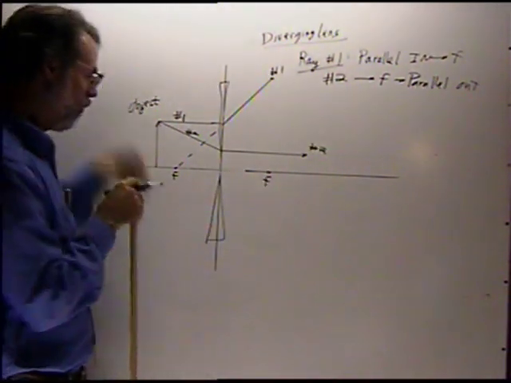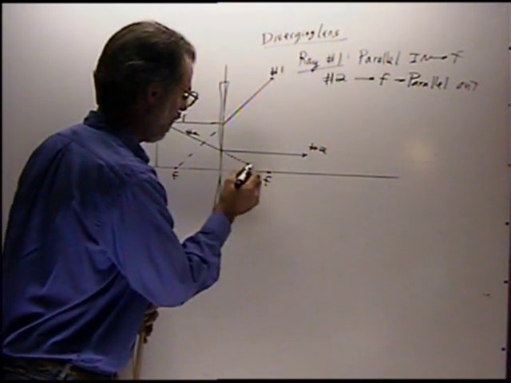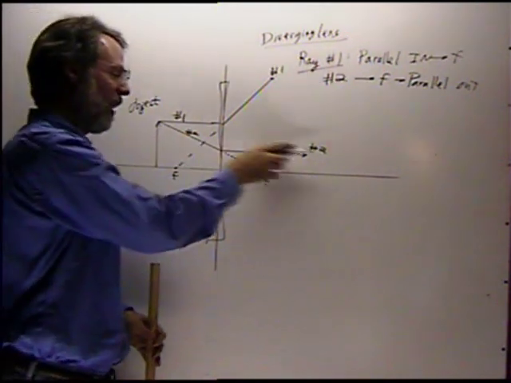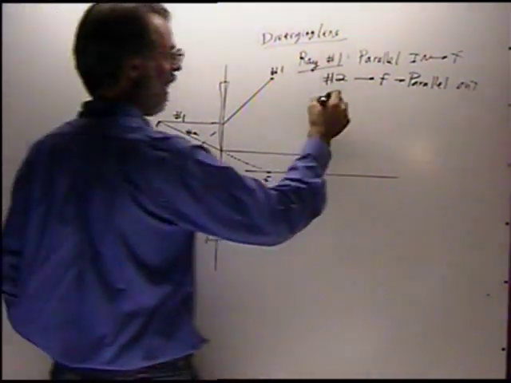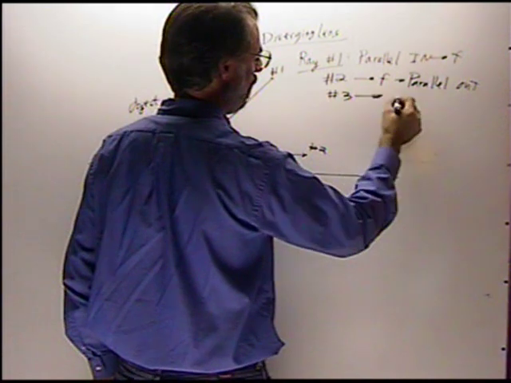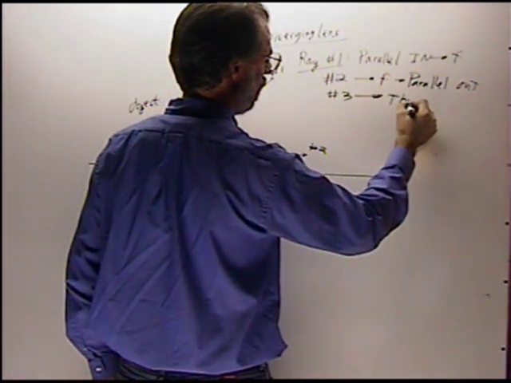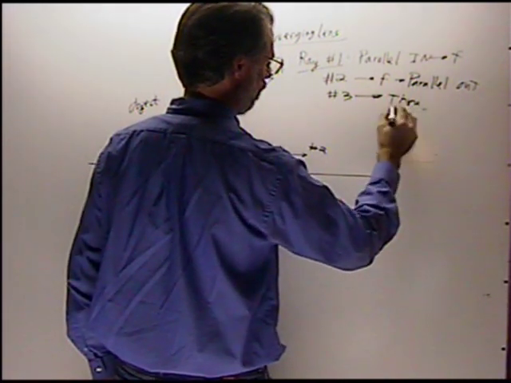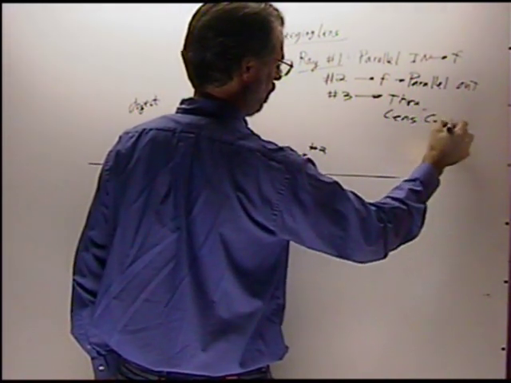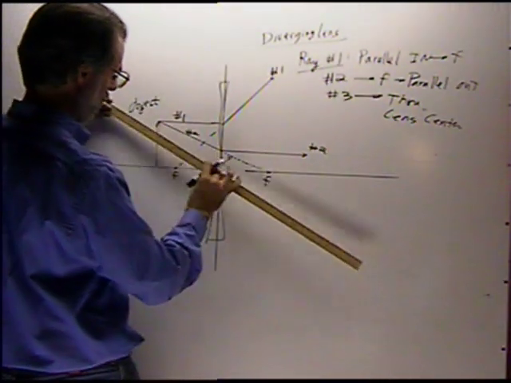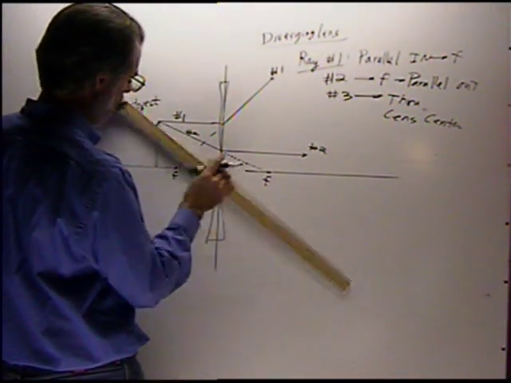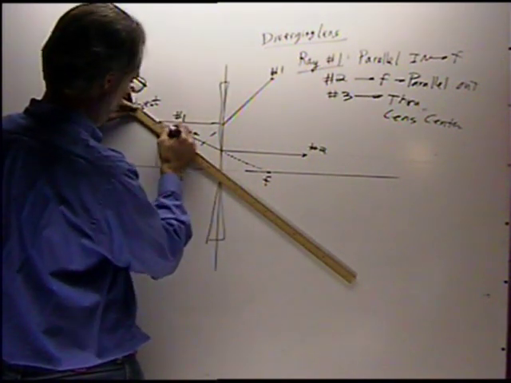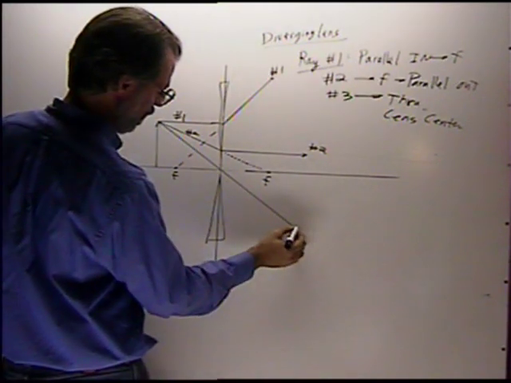It acts as if it wants to go through the focal point, but it never gets there because it's diverged away. But it comes out parallel. Okay? And number 3, it goes through the lens center. Here's the center of the lens. We go right through the center of the lens.